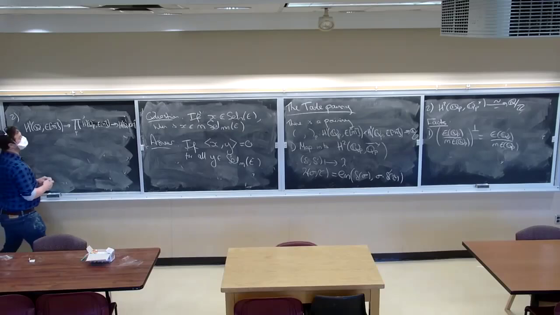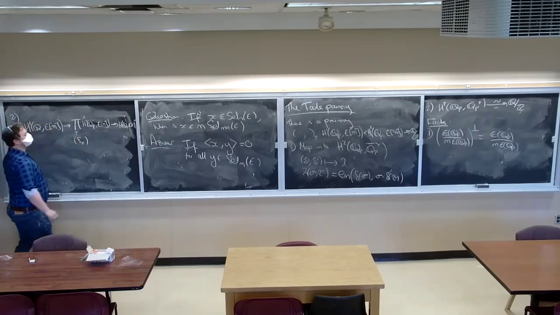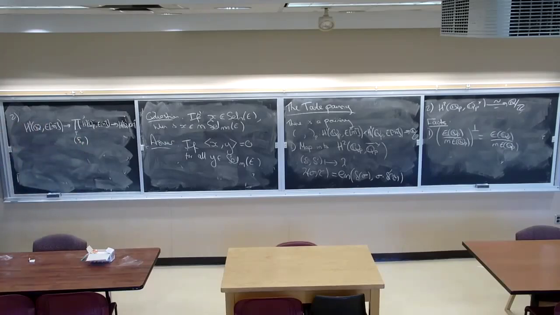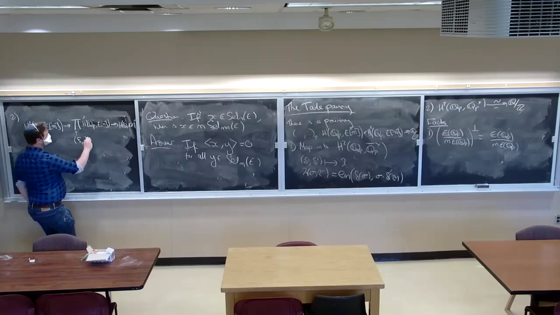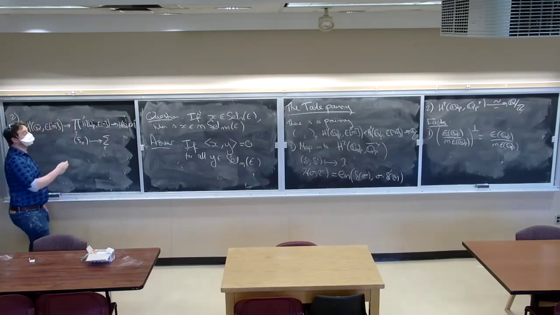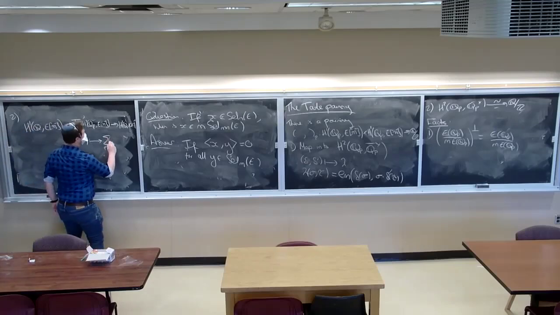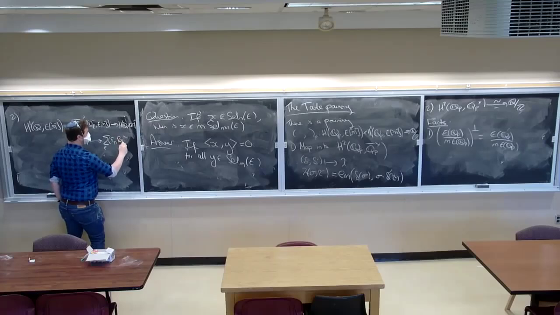And then what's this map over here on the right? If I have some collection of cohomology classes, where am I going to map them? I need to map them to a function from H1(Q, E[m]) to Q/Z, that's the dual. It's going to be the sum of the pairings of psi_p with this restriction.